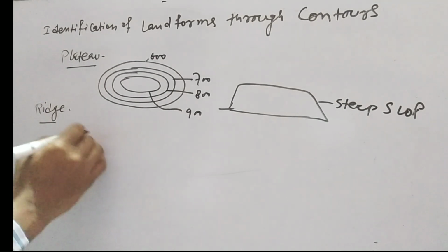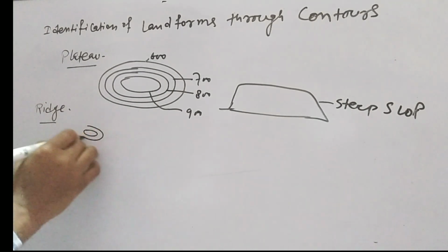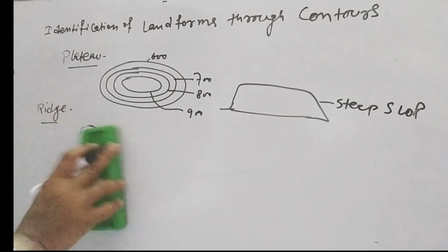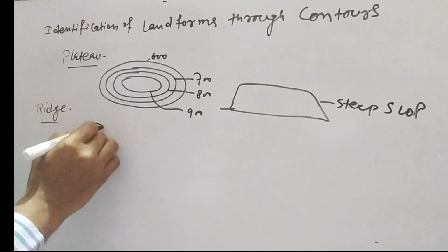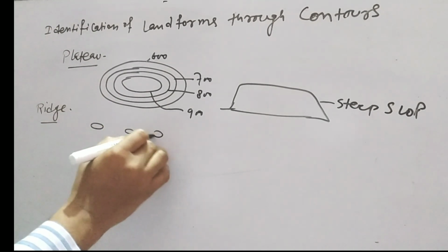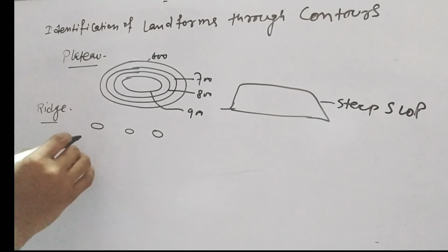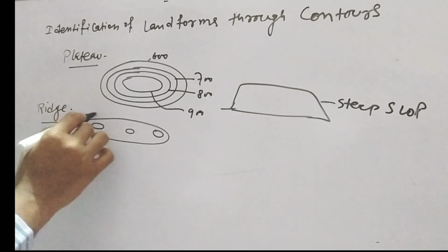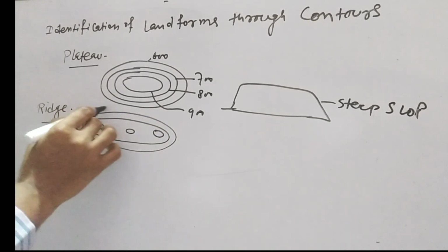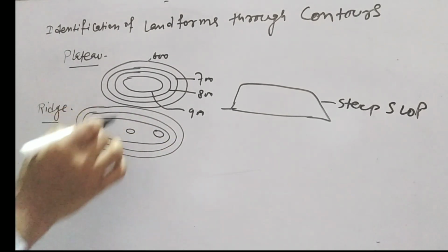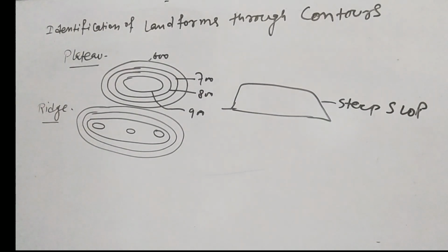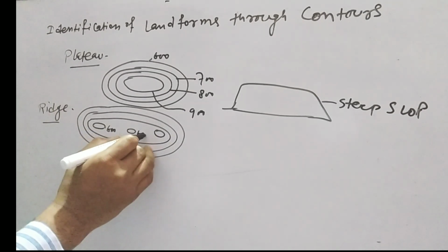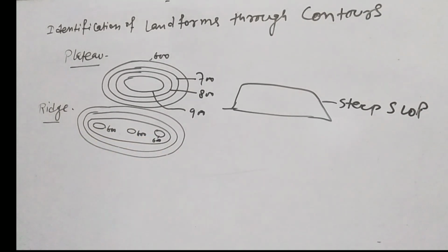Like how, suppose this side 600 meter, 600 meter, and it also 600 meter.